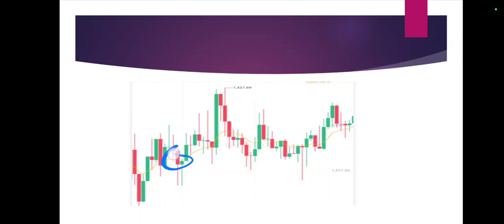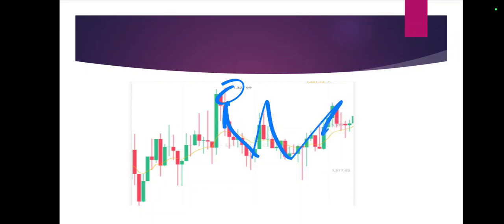So as you can see, the one is red and then the other is green. It's just showing you that buyers step into the market, while here this red with this long tail showing you that sellers step into the market to push the market down.